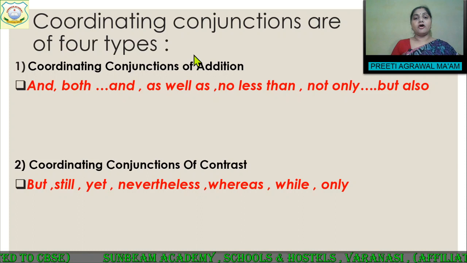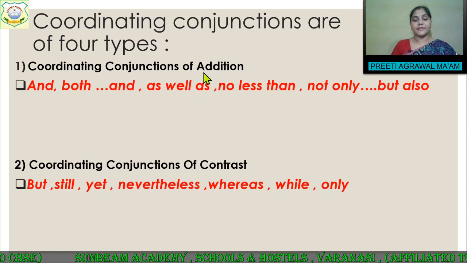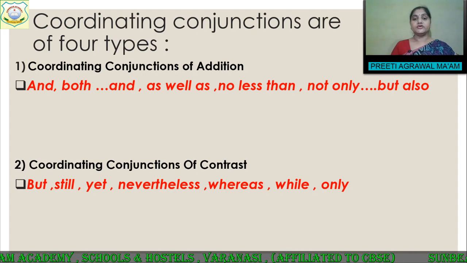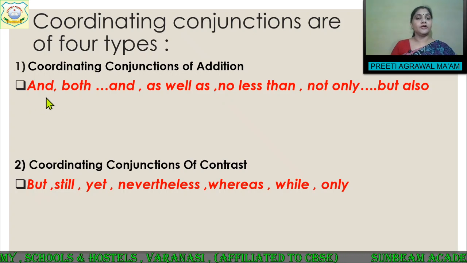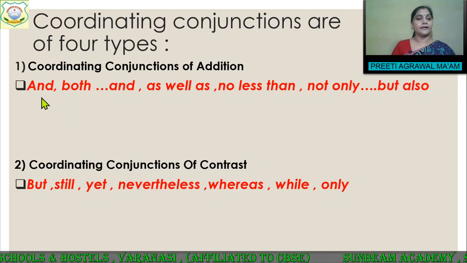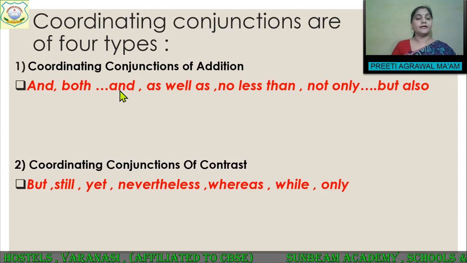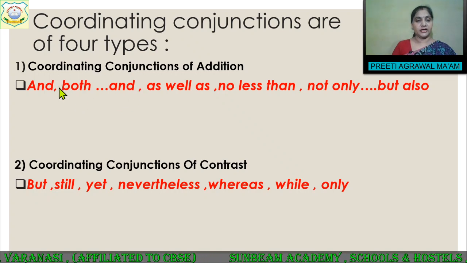Coordinating conjunctions of addition. It means that whenever you have to add two facts, two statements, you use these coordinating conjunctions. You can use and, you can use both and. This both and is an example of correlative conjunction.